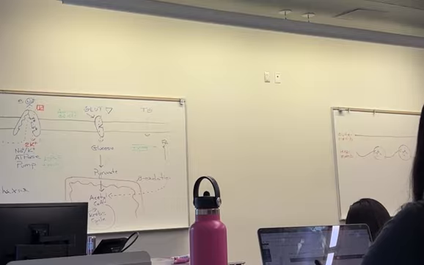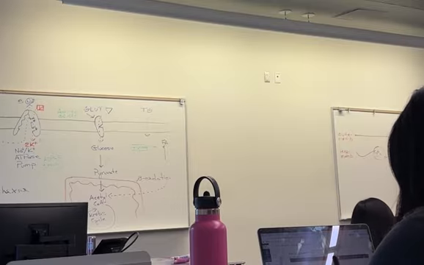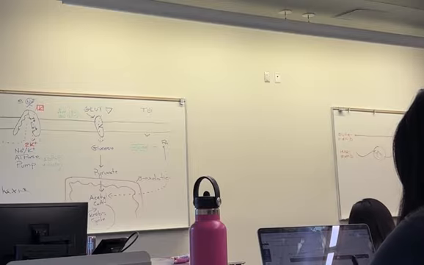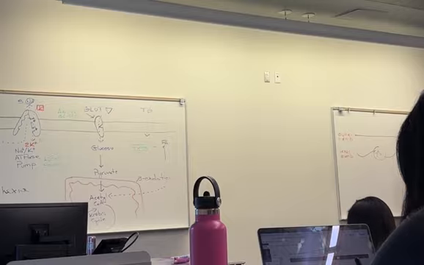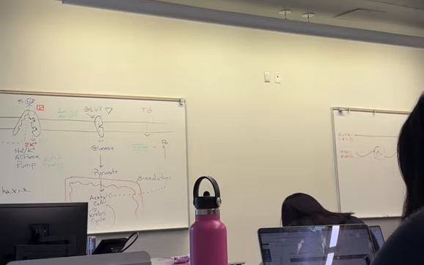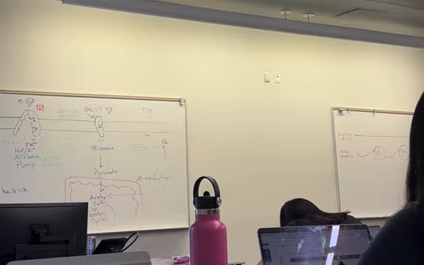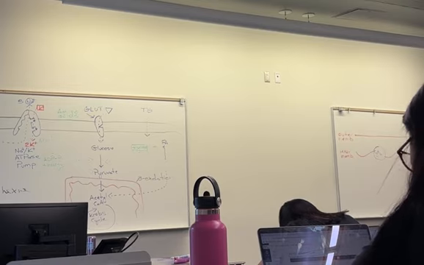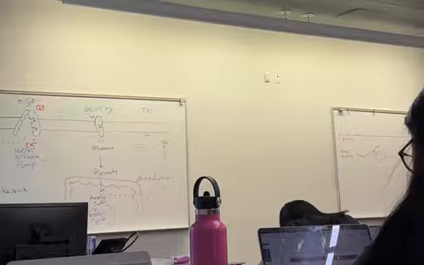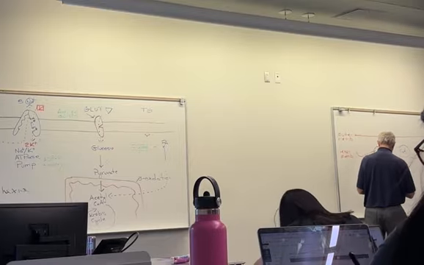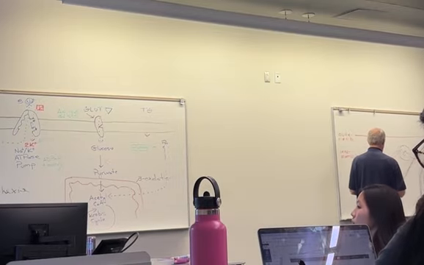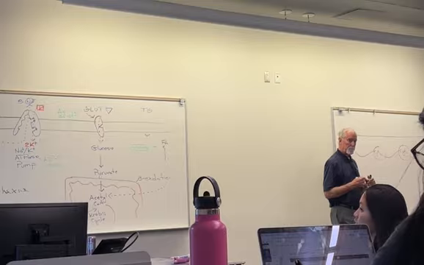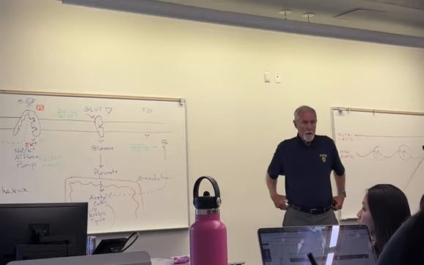And make sure you understand that we're building this huge proton gradient so we can drive this pump backwards. And by making this pump run backwards, we end up making ATP. So we're using the electron transport chain to build this huge proton gradient.